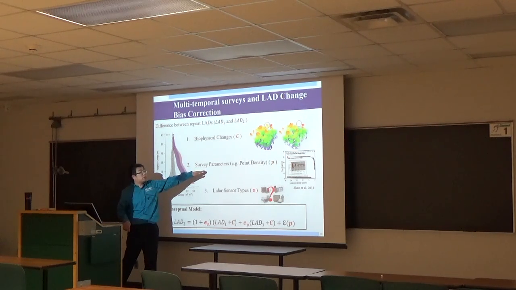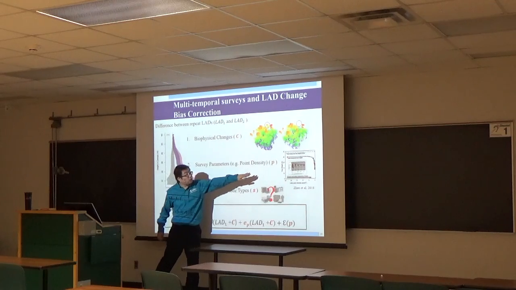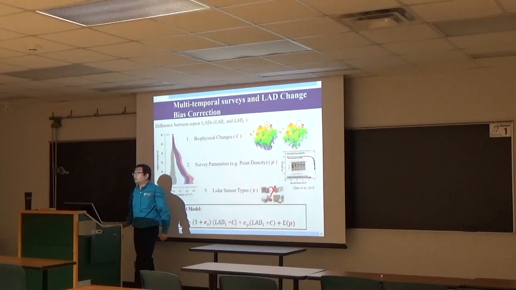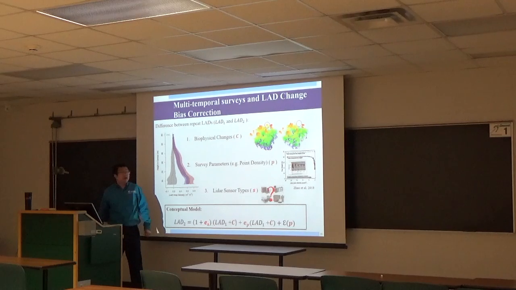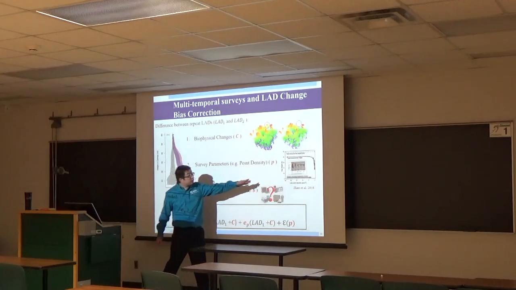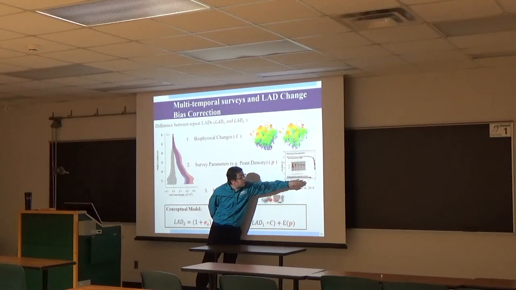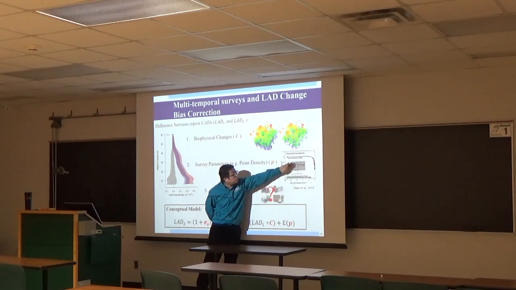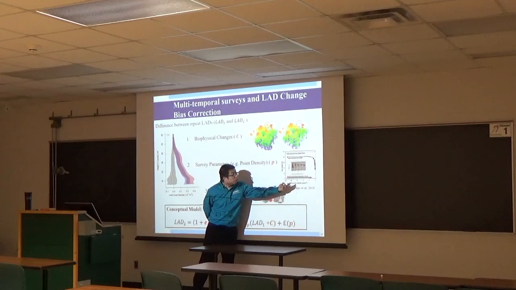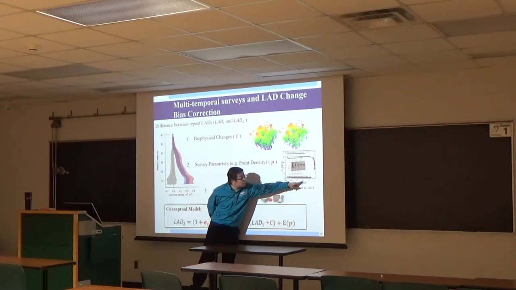There are numerous studies on pulse density and its effects, and they find that pulse density is not very sensitive after about 4 or 10 points per square meter. The figure is very small, but you can see this is 10.